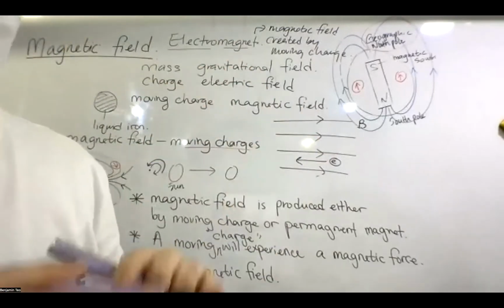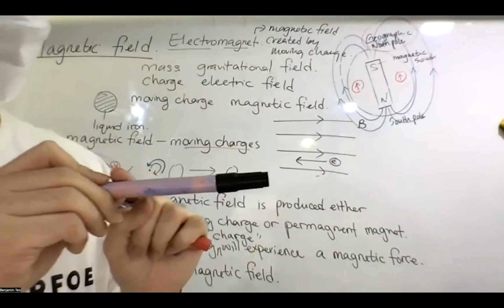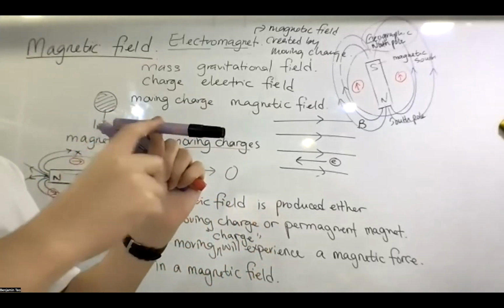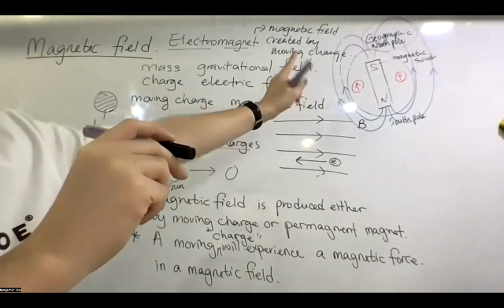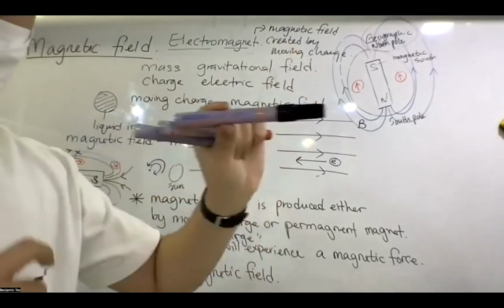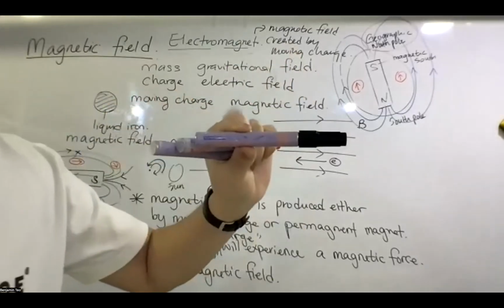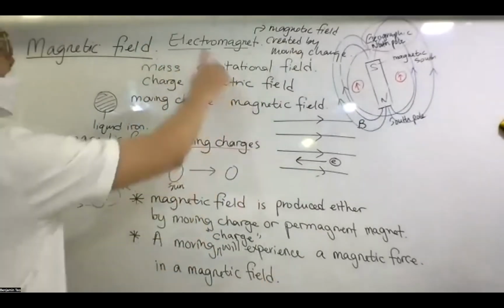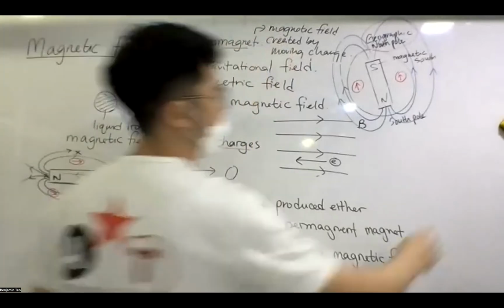Just think of it as wire. So current in a conductor, you have moving charge, you have magnetic field. So even a straight wire, we call it electromagnet, because magnetic field created by moving charge.